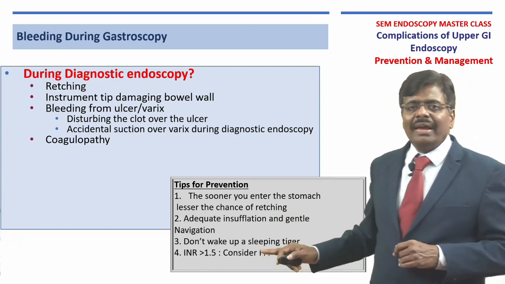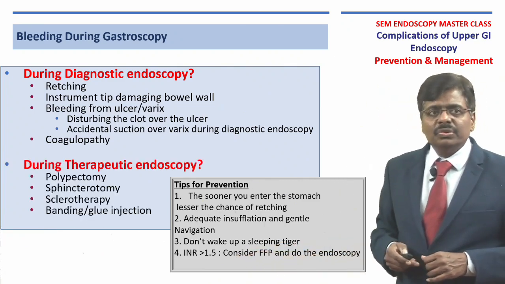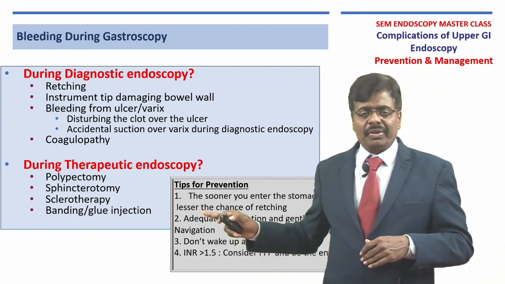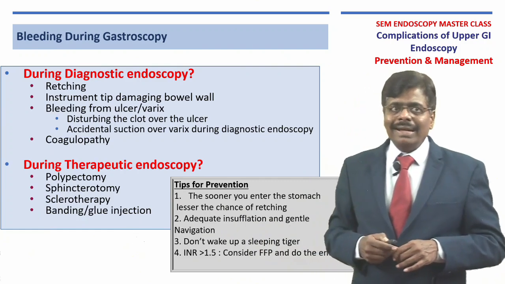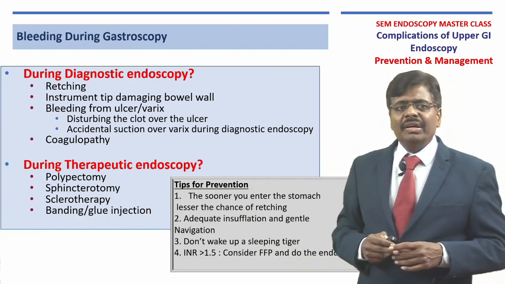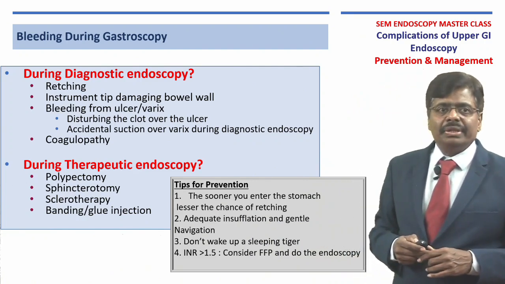And always, if the INR is 1.5, I think that is a relative contraindication. So, these are the things. Of course, when you do a therapeutic endoscopy, one can anticipate bleeding, and there are various things you can consider, and they are beyond the scope of this lecture.